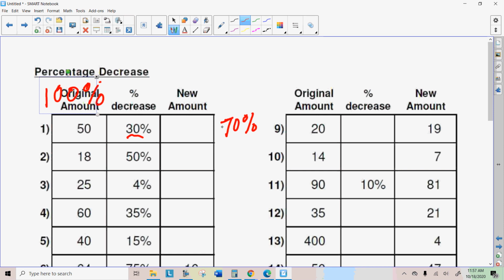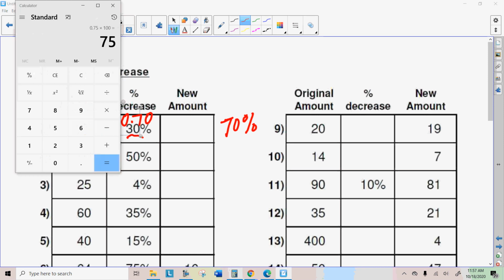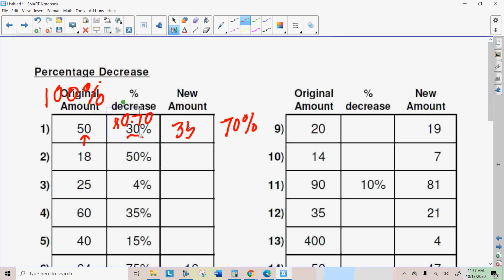So really what I want to do is figure out what 70% of 50 is. Now to do that, I can just multiply by the decimal for 70%. So 50 times 0.70 equals 35.